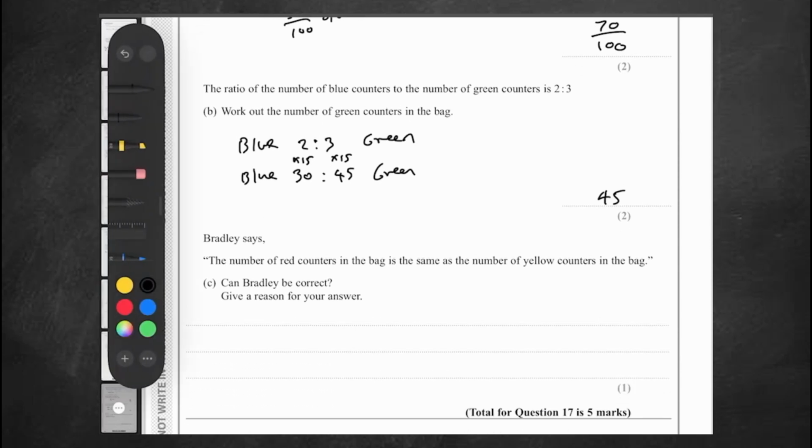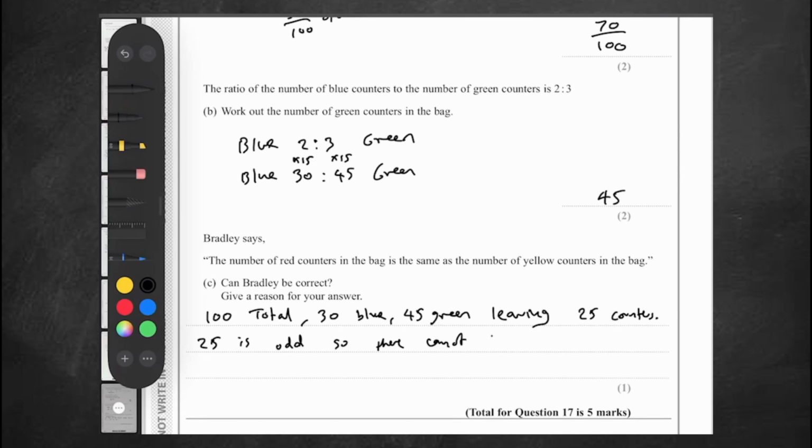So we know there are 100 total, 30 blue, 45 green, leaving 25 counters. 25 is odd, so there cannot be the same number of red and yellow counters. So Bradley is wrong.